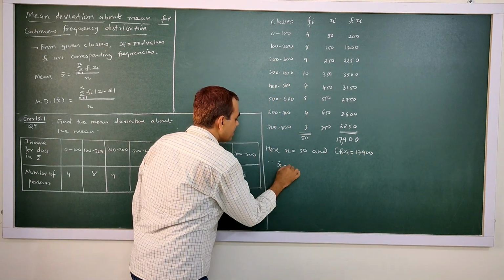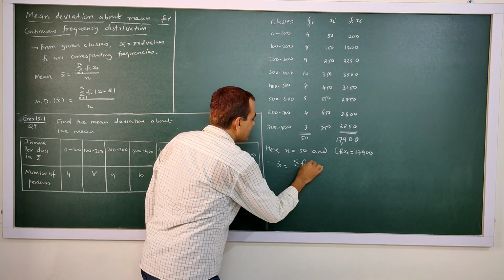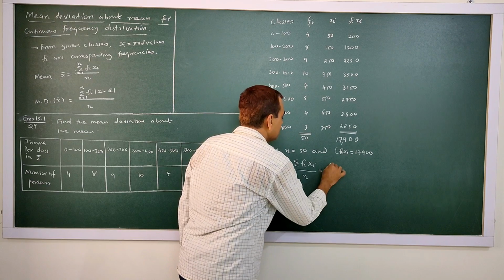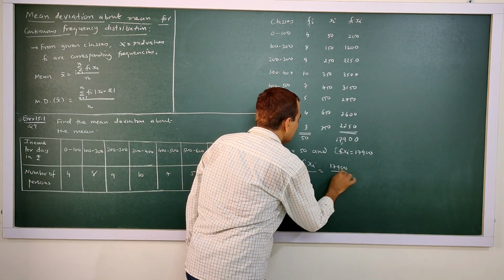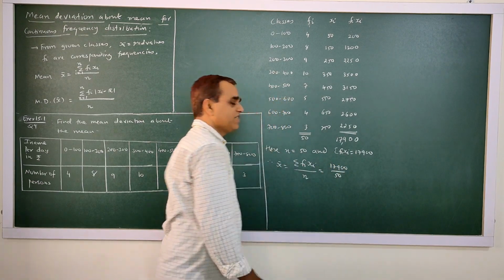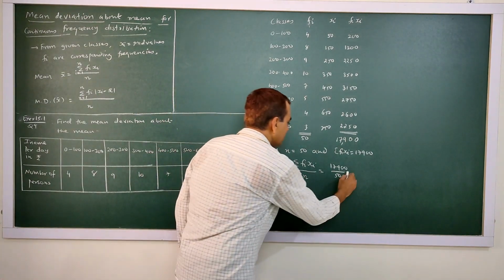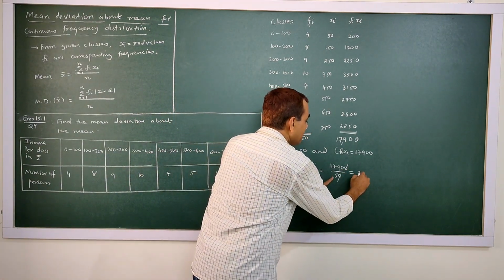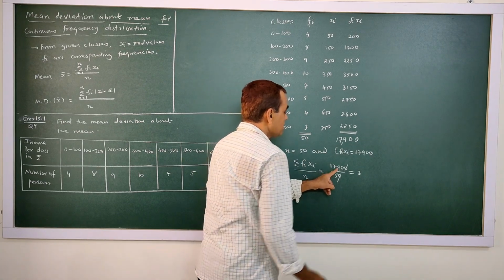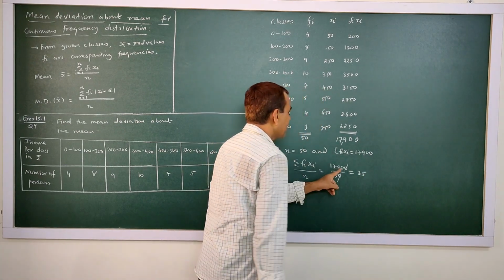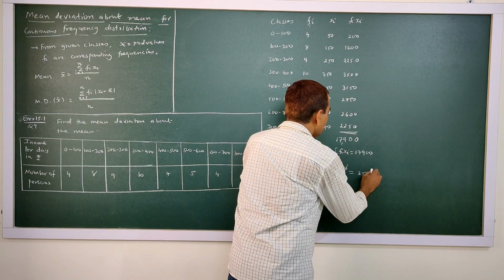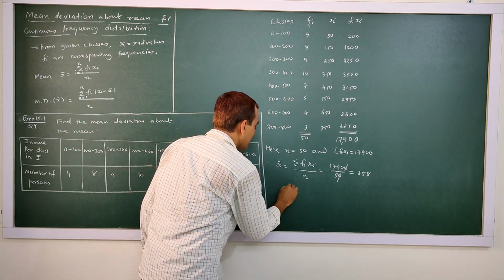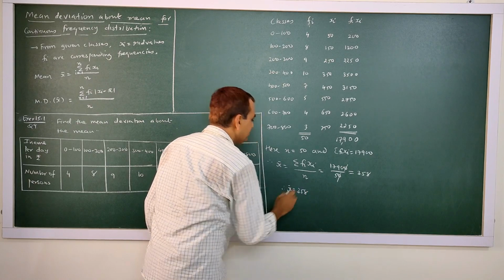Therefore, x bar is sigma Fi xi upon n, that is 17900 upon 50. Here 0 will be cancelled. So mean, x bar, is 358.